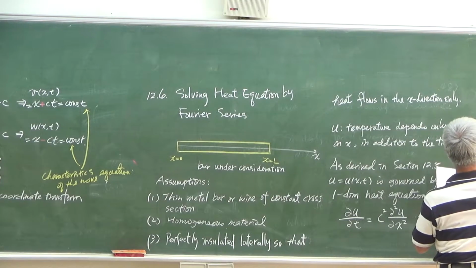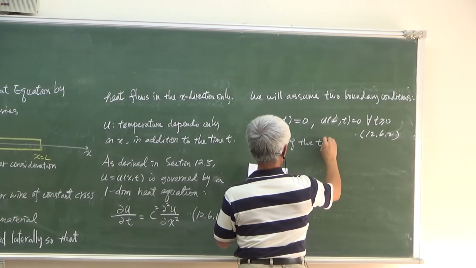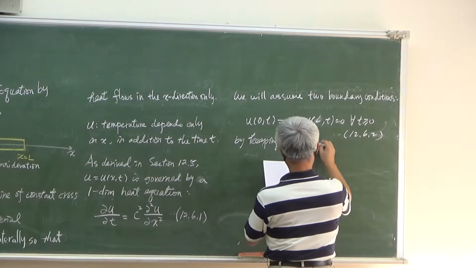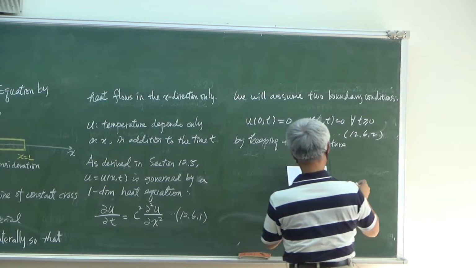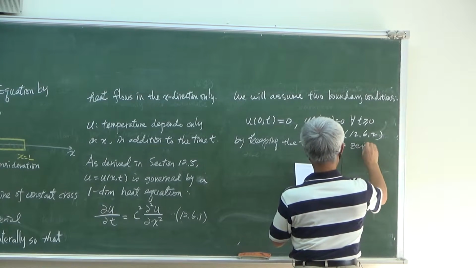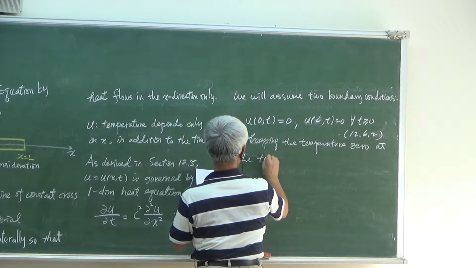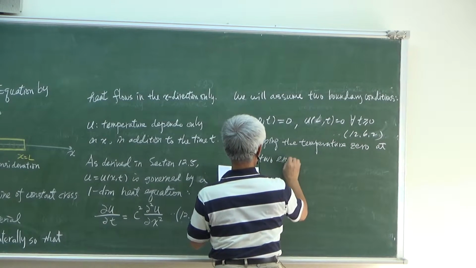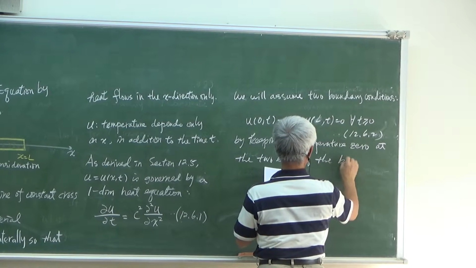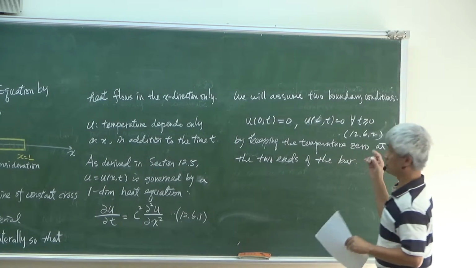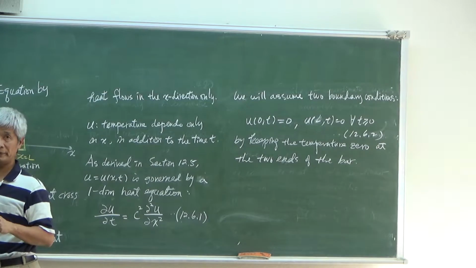By keeping the temperature zero at the two ends of the bar. So we assume the two boundaries are at zero temperature.